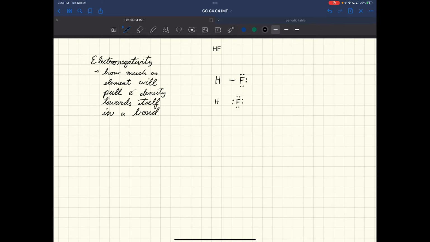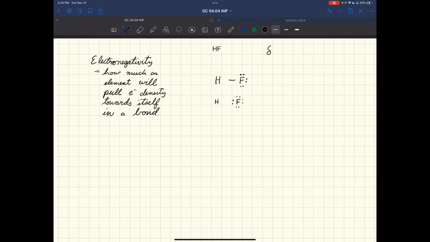And when I do that, what I have is this fluorine that's basically gaining electrons. So it's almost like it has a charge, but it doesn't have a full charge because these two electrons here are still being shared. So it's not a full charge, it's a partial charge. The way that we indicate this is a couple ways.